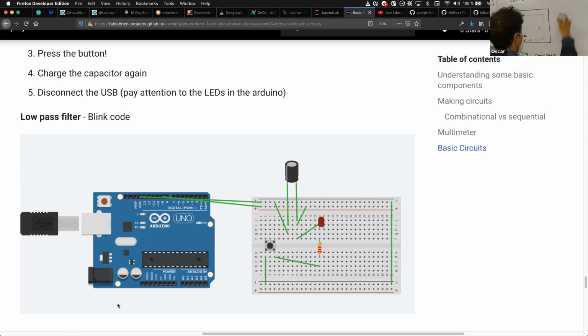Let's say voltage equals current times resistance, and let's make this little table. This is 5 volts. We assume that this is 0 ohms. What is the current going to be?